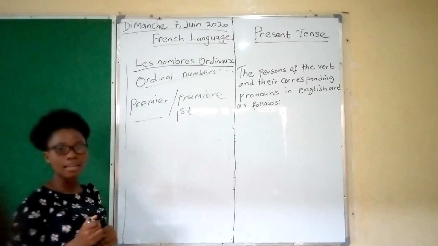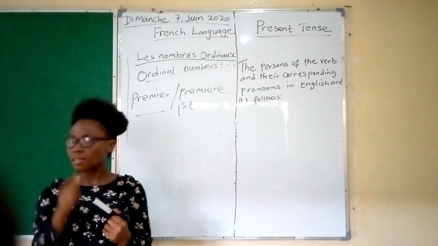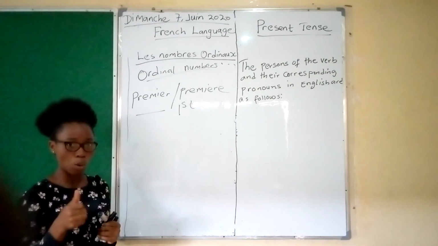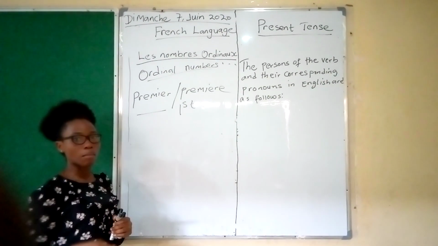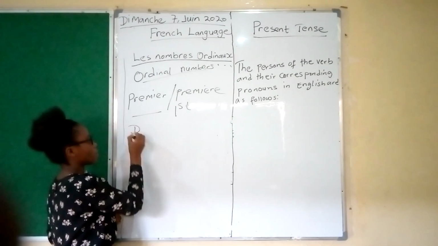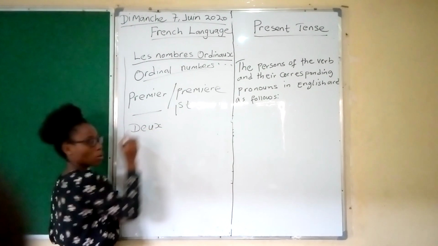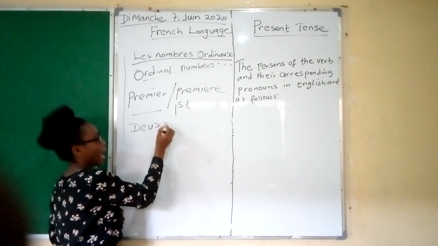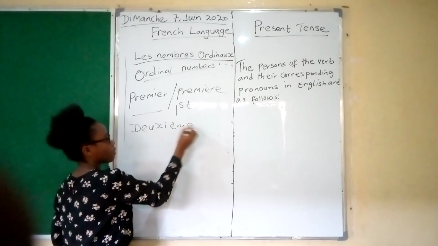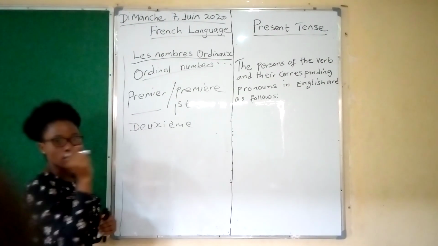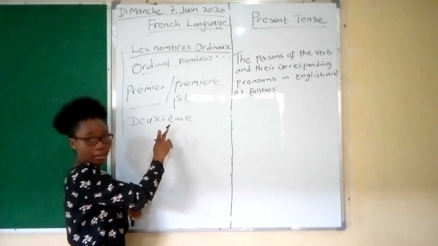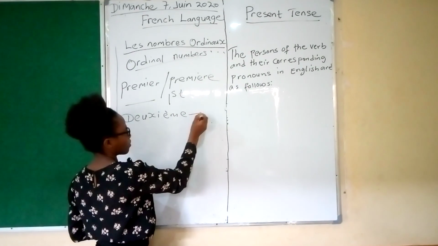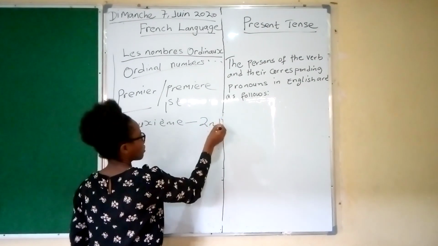Now how do you say second? What is 2 in French? Deux. So it becomes deuxième. You write your deux, then you add i-è-m-e with the accent grave. That is second.